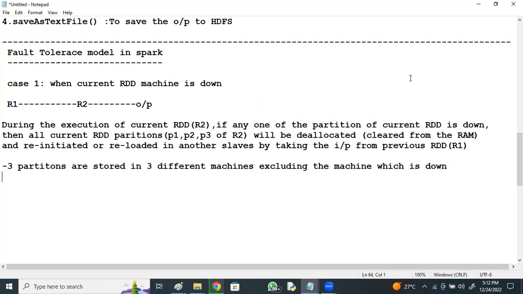One question: I joined this lecture very late. Sir, are partitions created by us, or do we decide how many partitions there are, or will the system automatically decide? Is it dynamic?